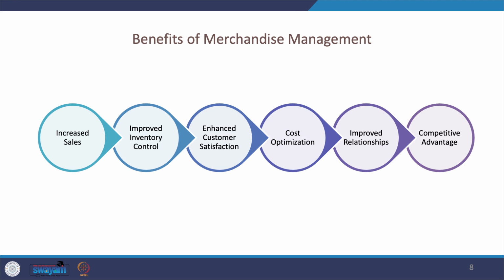So all these facets, whether this is with respect to increased sales, improved inventory control, enhanced customer satisfaction, cost optimization, improved relationships and competitive advantage, you can sum up the benefits that retailers can enjoy by having a very robust mechanism for merchandise management, right? So I hope you gained enhanced perspectives about the intricate topics which can be associated with merchandise management.